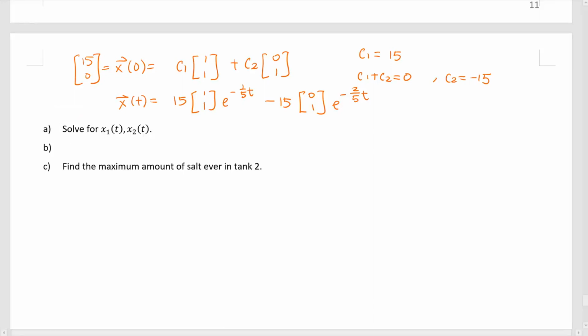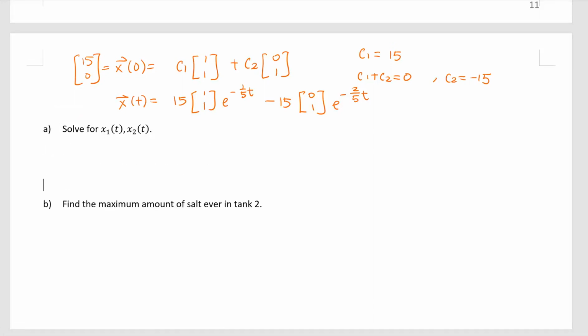The first row corresponds to x1 of t, so that's 15 times 1 e to the minus 1/5 t, and then 15 times 0, which is 0. So that's x1. And x2 is the second row: 15 e to the minus 1/5 t minus 15 times 1, e to the negative 2/5 t. So far so good, everybody? Okay, so that is x1 and x2.